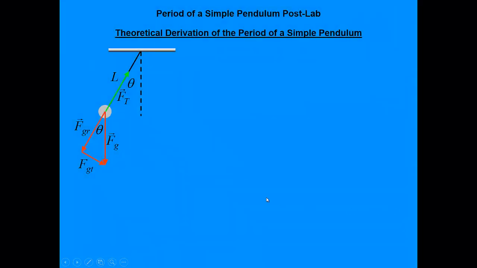So let's continue on with this. Since this is an angular simple harmonic oscillator, we're going to use the angular version of Newton's second law, which is that net torque is I alpha. And yes, I comes back in. That's an alpha, not an A, right? Well, there's only one torque in this case. It's the torque from the force of gravity, right? And in fact, it's the torque from this part of the force of gravity, as we previously did. So the torque from that part is negative mg L theta, as we derived previously.